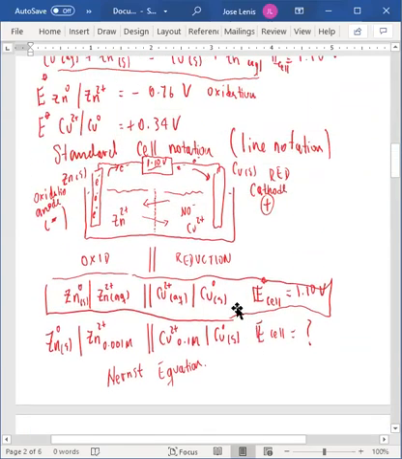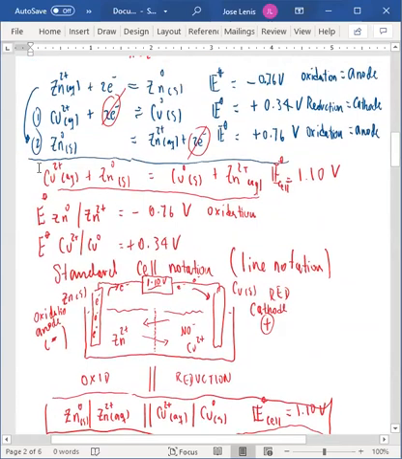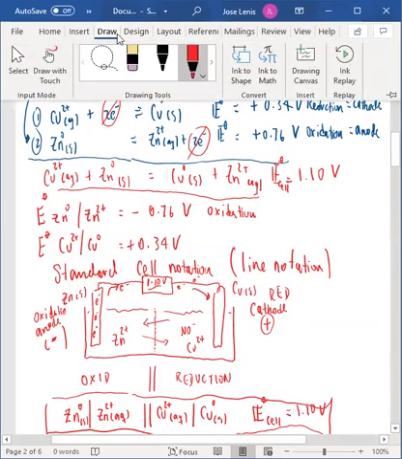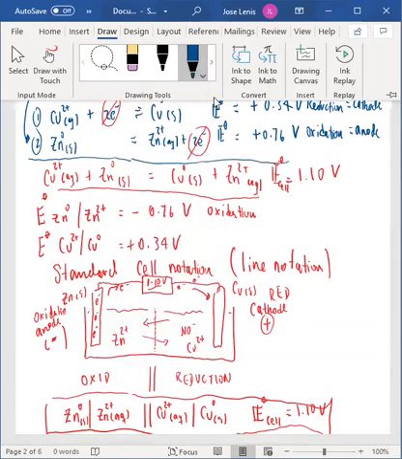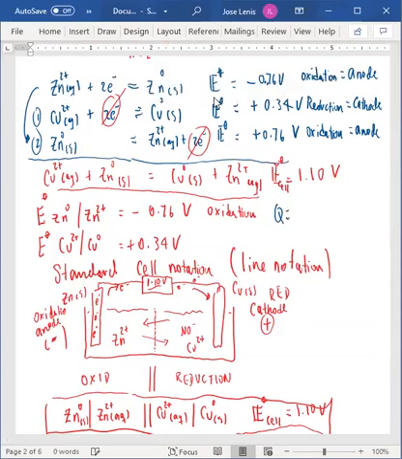So we need to find the overall equation. This is the overall equation we found. From here, we can find Q, the reaction quotient for that case. So what will be Q for that? This is the overall, after you add the two half reactions.